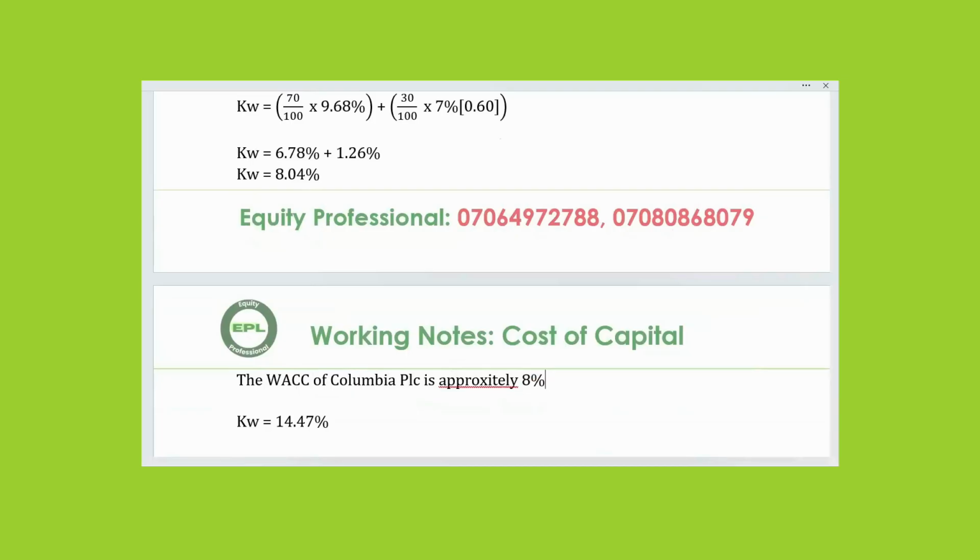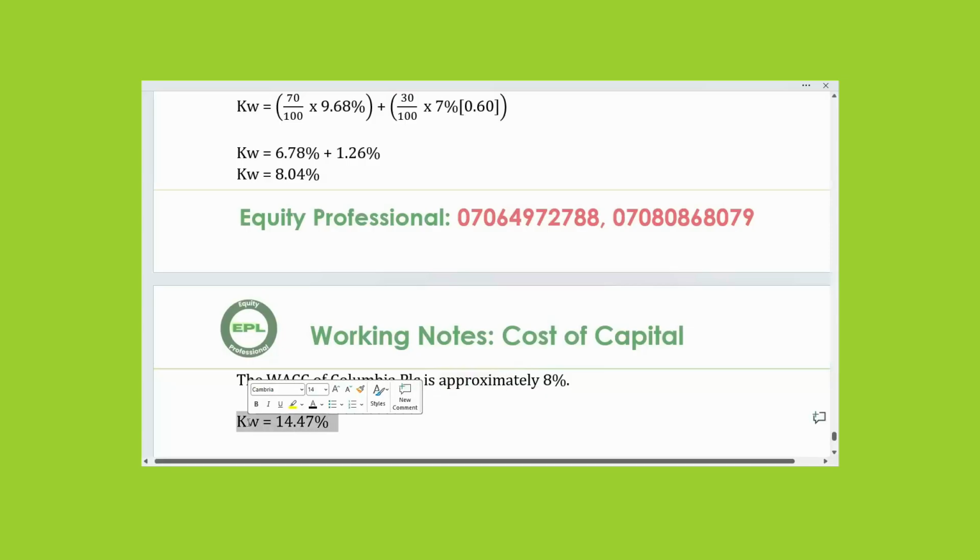This is the WACC that the company is going to use to appraise training and financial services projects. All right, that's it. It's not more than this.